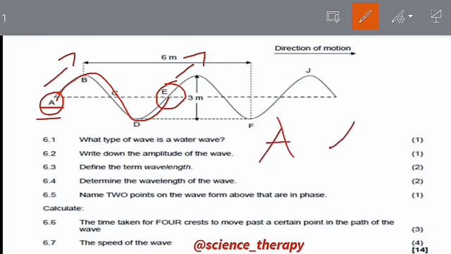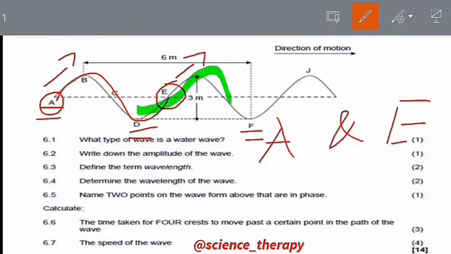So we have A and E. Also, when we look at D and F, we can see that D is a trough and F is also a trough. And moving from D to F, we can see that we have a complete wave. So we can also say that D and F are 2 points that are in phase.